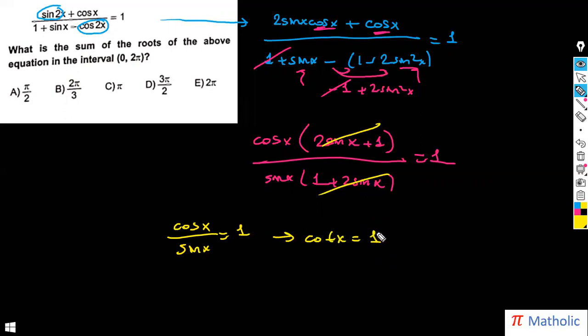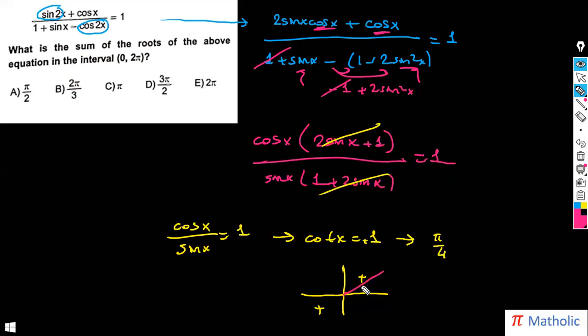And cotangent can be 1 at 45 degrees, which is pi over 4. So in the coordinate system, cotangent can be positive in the first quadrant and the third quadrant.